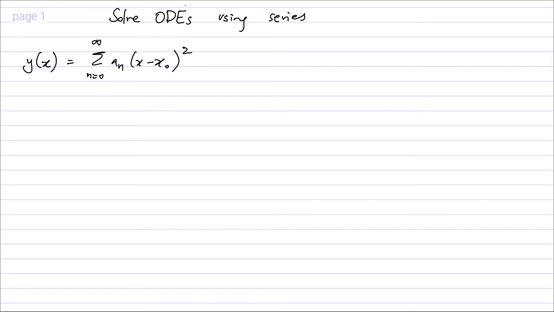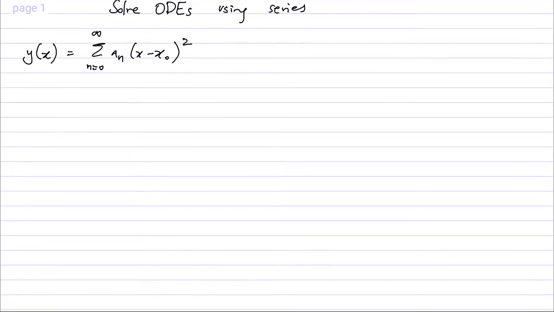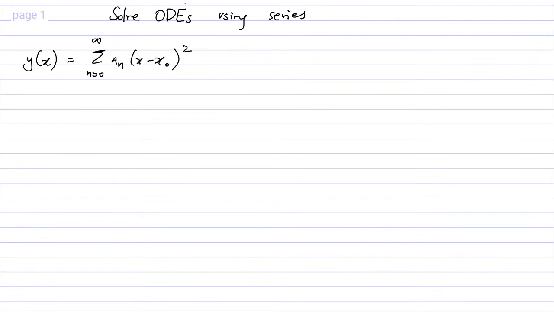You expand y of x about the point x0, so you say that this series is centered about the point x0, and these a-n's of course are the coefficients in your series expansion. In general, this is an infinite series. It may truncate, it may not truncate, depending on your differential equation and the parameters that are there in your differential equation, as you will see.